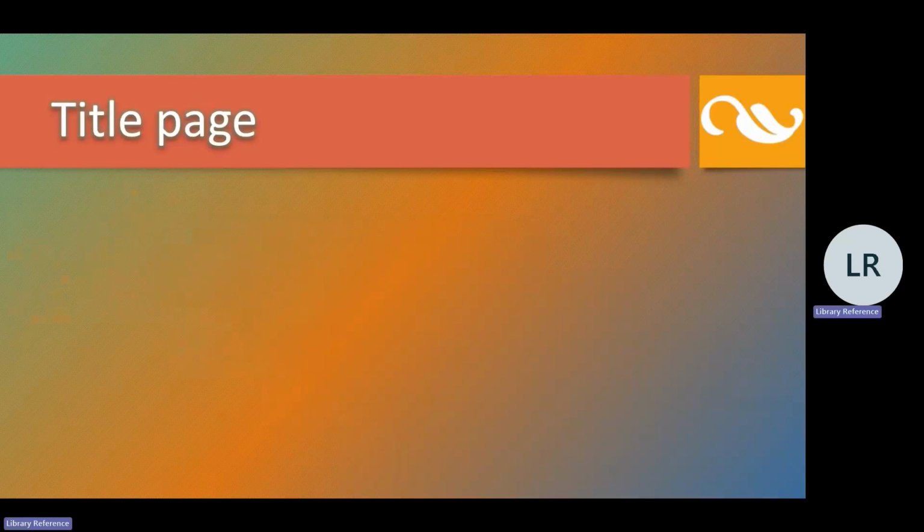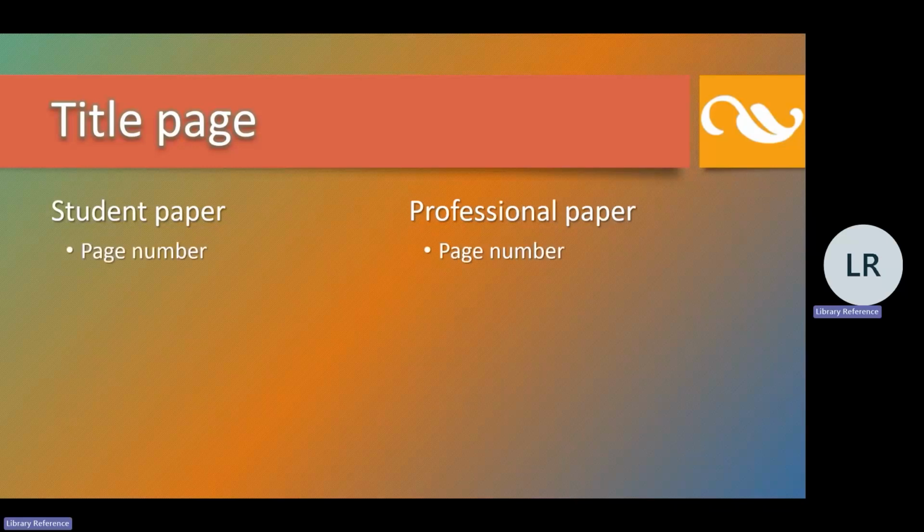Then I'm going to discuss a little bit the title page. The title page of a student and a professional paper have some common elements and some differences. I'm going to start with the common elements, the elements that are present to both, and then I'm going to move on to the differences. So both student and professional papers carry a page number at the top right of the page.